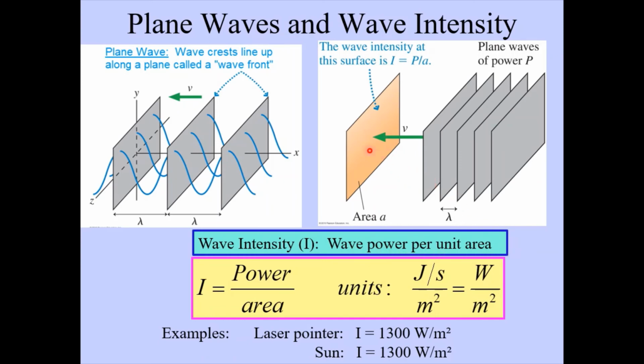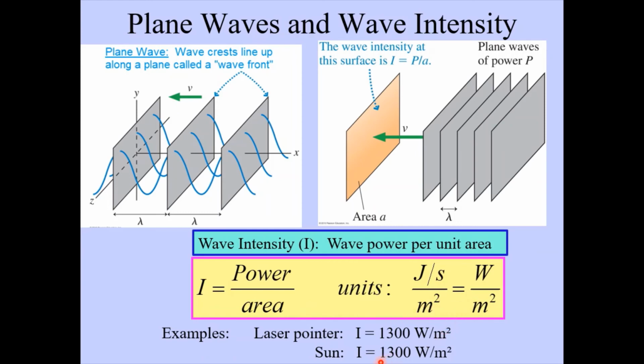So it's sort of the energy density. It's the rate of energy per square meter that reaches a surface like this. So wave intensity is the power of the wave divided by the area. So we have power, remember, is joules per second, or watts, and the area is measured in square meters.